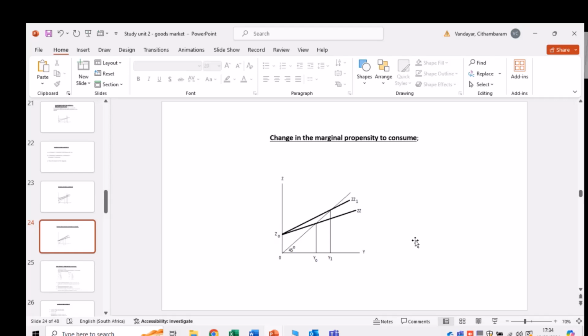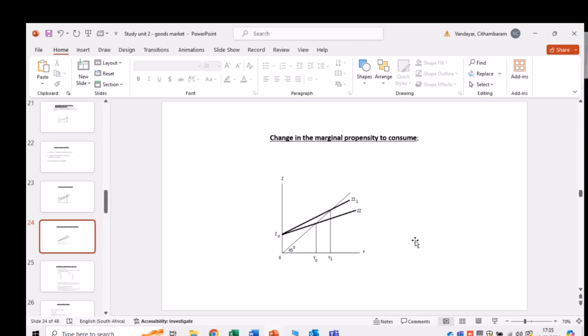Good. So if you look at the diagram now, if we talk about the MPC, on the vertical axis we've got the demand Z. You'll find that Z does not change. The MPC focuses on your disposable income. It does not affect the autonomous consumption. Therefore, your point of origin, your point Z0, is the same. What will happen is the demand curve will swivel either up or down.